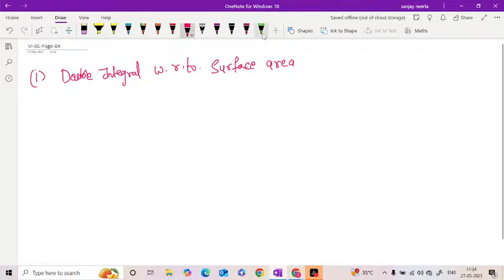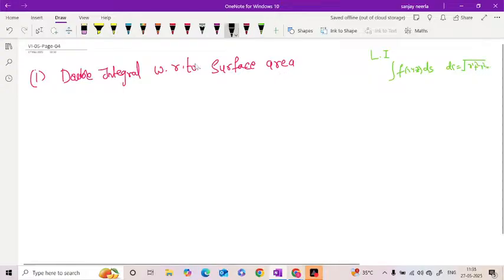In the line integral of the arc length, we have integral of function of x, y, z into ds. What is the ds meaning there? ds is equal to under root of x dash square plus y dash square plus z dash square.